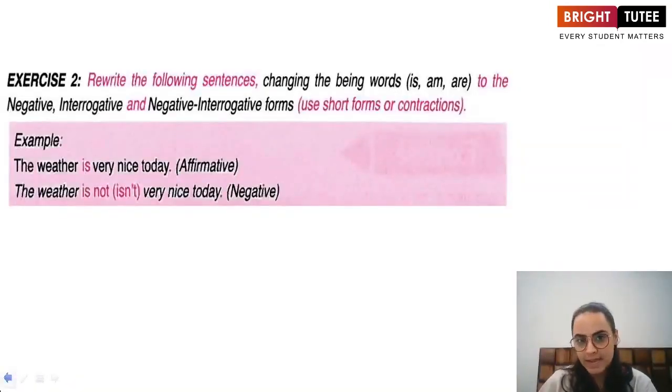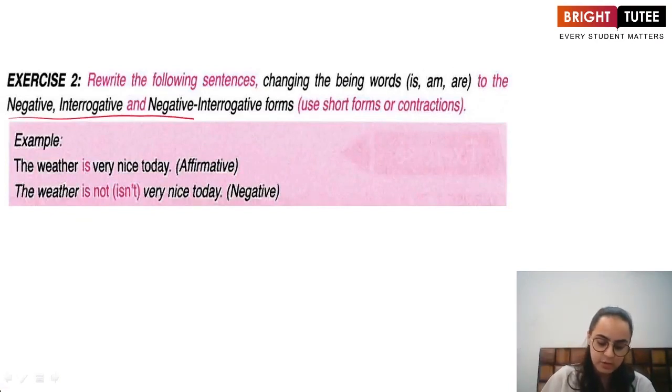Exercise number 2 says, rewrite the following sentences, changing the being words, that is, am, is, are, to the negative, interrogative, and negative interrogative forms. So we have to use the short forms or the contractions. For example, the weather is very nice today.